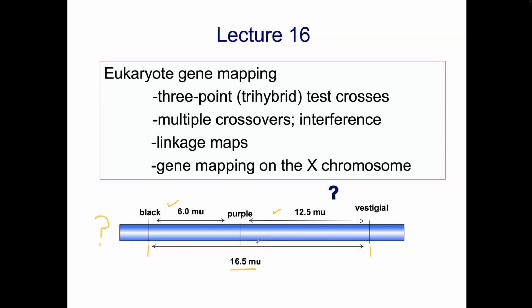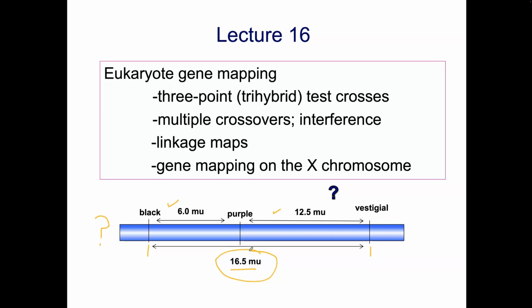Okay, and so there's another way we can approach mapping 3 genes relative to each other. If we set up the crosses correctly, if we can generate the stocks we need, we can map all 3 genes at once. And it allows us to account for some, not all, but some of what makes the larger of the 3 distances the least accurate.